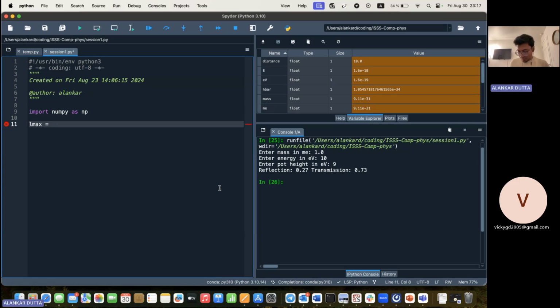So L max is the perihelion thing. So let's see what are the things that are given. Given things are L min and V max. Okay. So what are given are L min that the user will enter and V max.